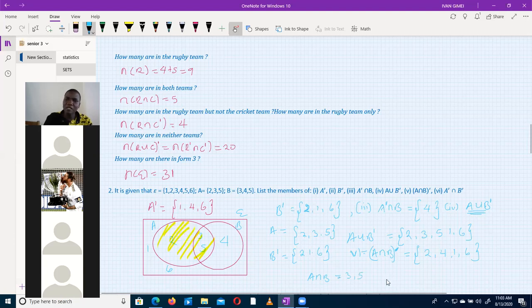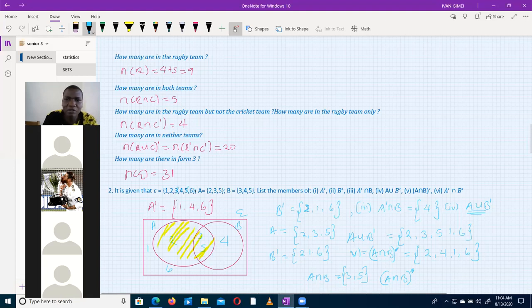Now, if they want me to state A intersection B complement, I look at elements in the universal set that are not in my set A intersection B. I go to my universal set, it has 1, 2, 3, 4, 5, 6, but my A intersection B has only 3 and 5.